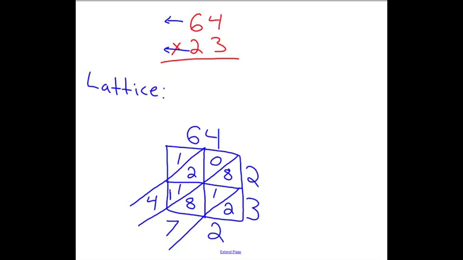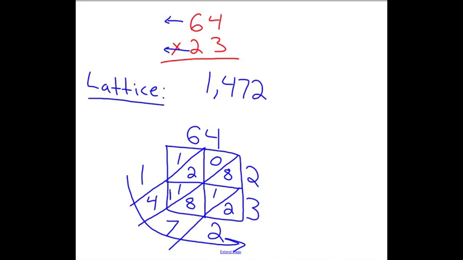And then my last diagonal is right here. And the only thing in there is 1. So 1 is all that's left. Then this is my answer. 1,472. Okay? So that is the lattice plan, children.